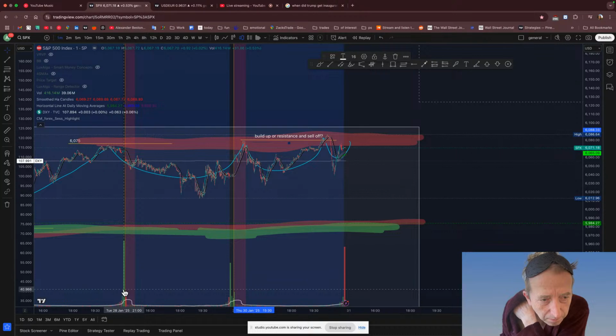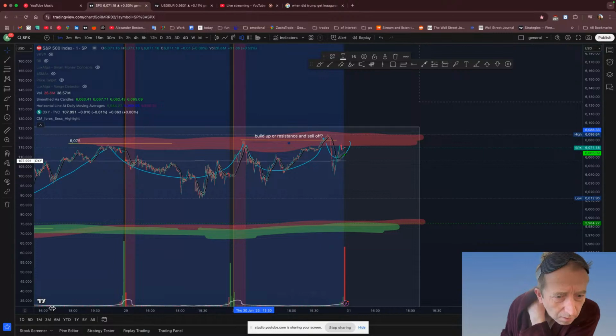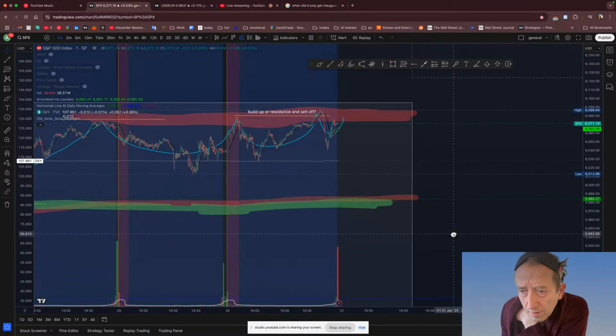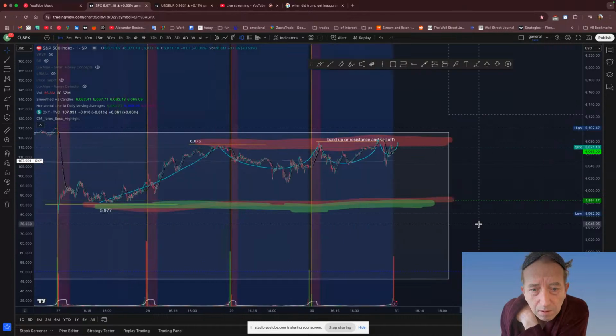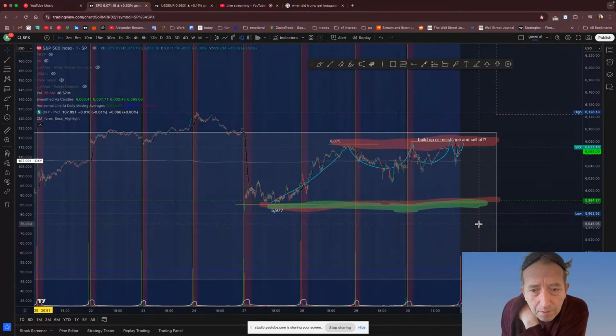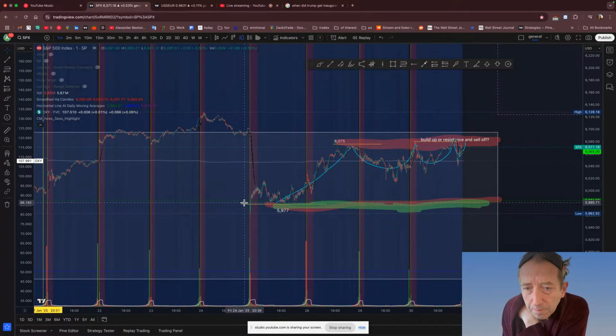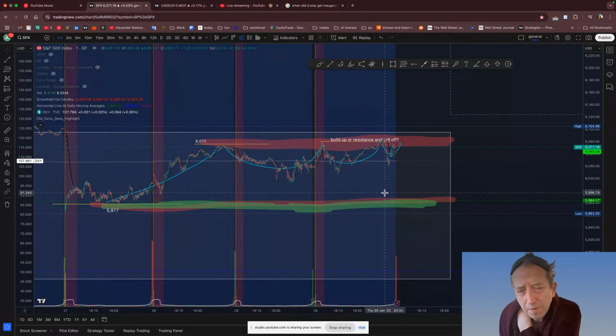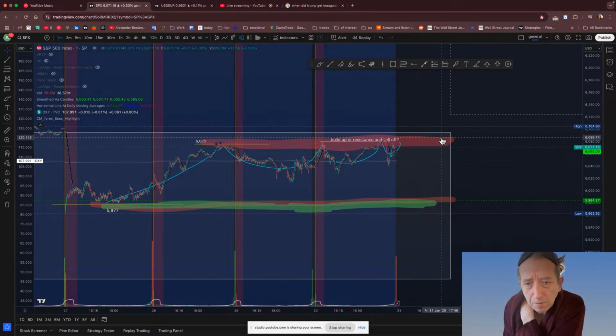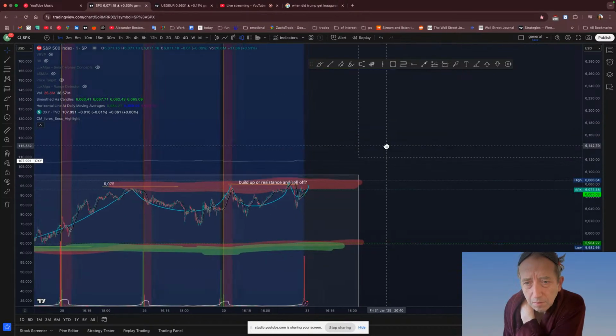These end of the day bars are quite interesting. But yeah, I don't really have much else to say. I just think, well, if I was doing contract for difference on this one, I would be expecting probably a move into this area.